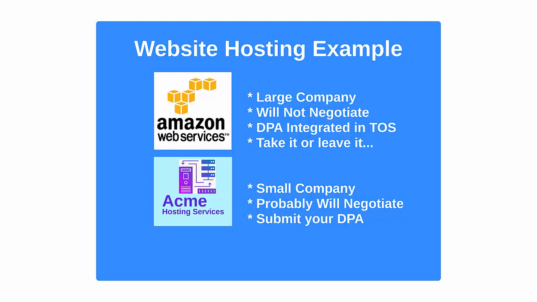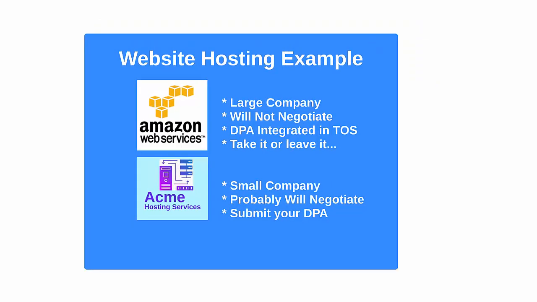So you're either going to take that DPA or leave it as a part of the TOS. Now, the much smaller company, Acme Hosting Services, probably will negotiate, and this is where you need to have your DPA ready in your quiver to submit to Acme Hosting Services, acting as a sub-processor.